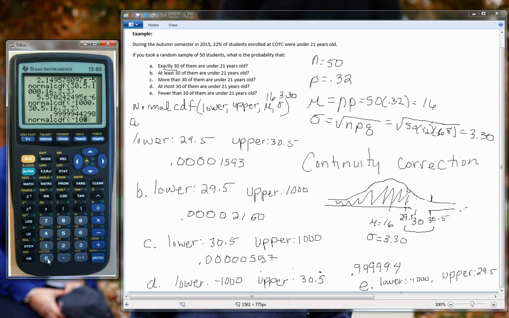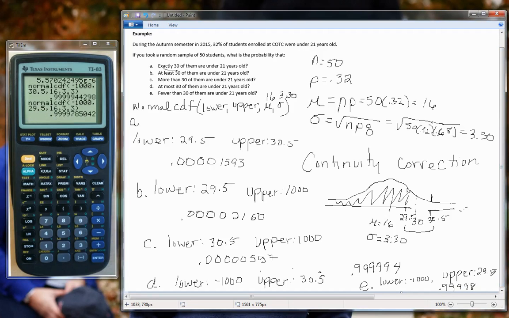Negative 1,000 to the lower bound of our continuity correction, so 29.5, and then our mean and our standard deviation. Okay, and again, this is really likely to happen. 0.99998 if we round there.